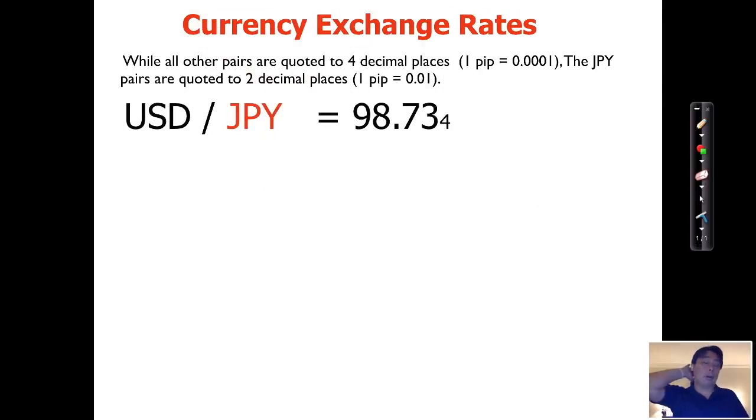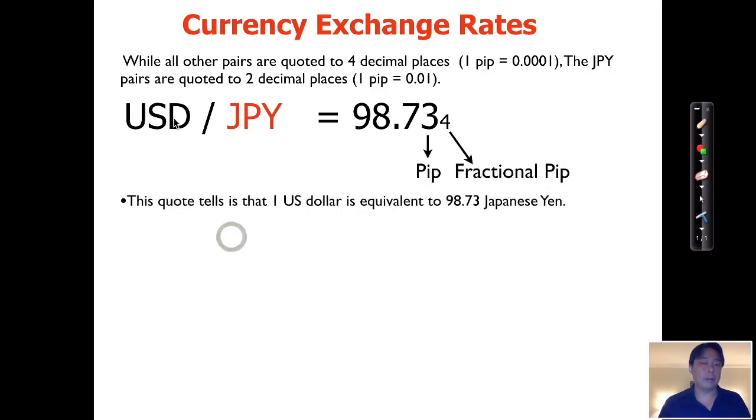The best example is the dollar yen, which is 98.73. So again, what is this called? The first currency in the quote is the base currency. Remember, this is the base currency.